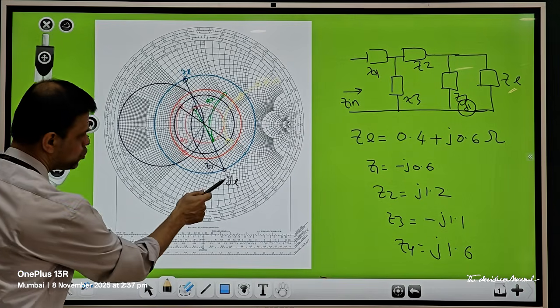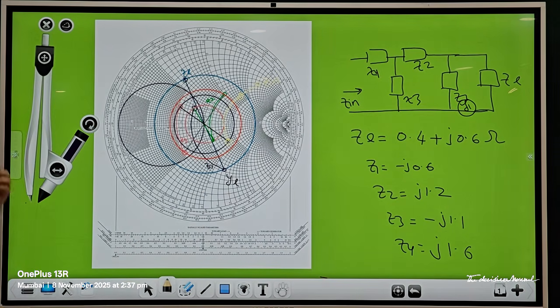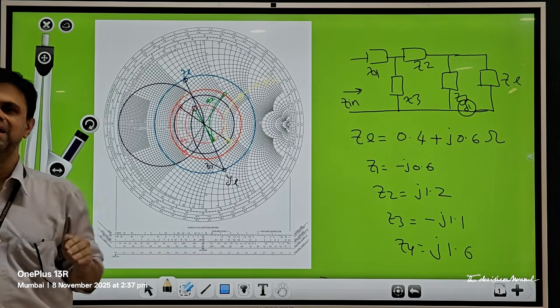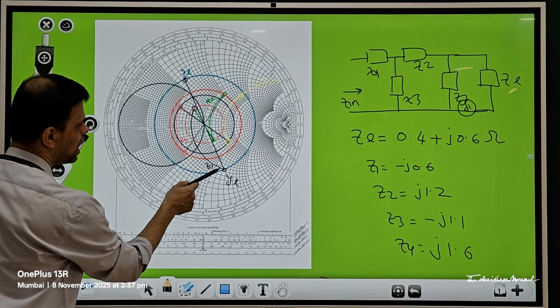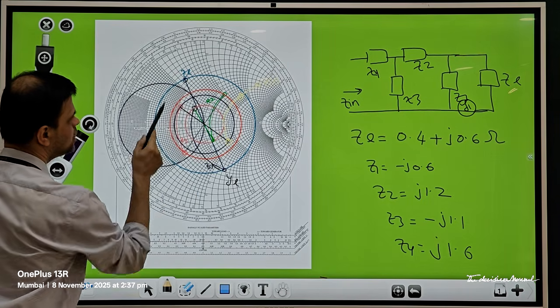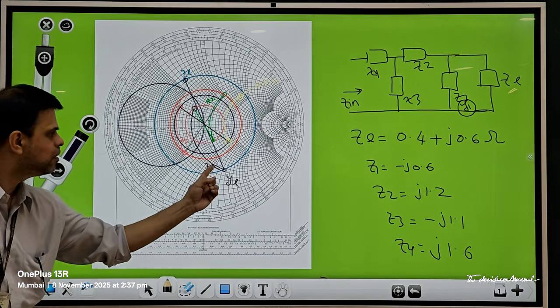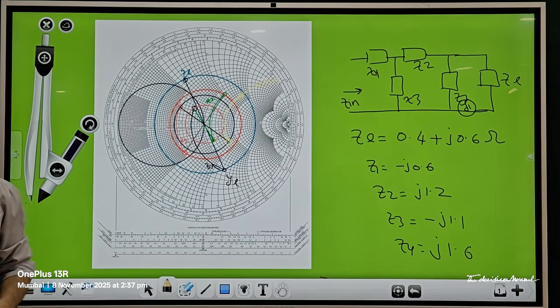Okay, so to this YL, I am going to add this Z1 in parallel. So Y1 is being added, that is the susceptance. Move along the respective constant R circle, treated as a constant G circle, and move up. This point will be here. So this particular addition is being done for the parallel combination of Z1.